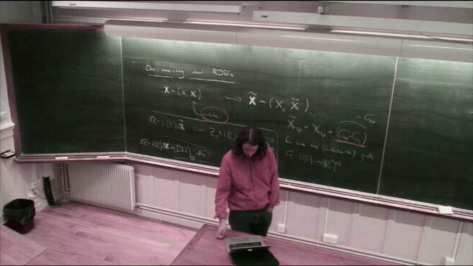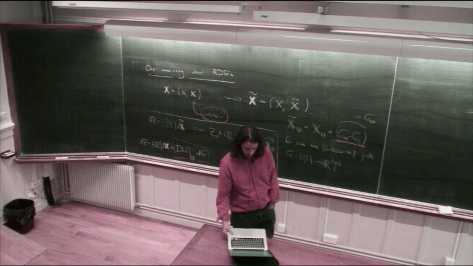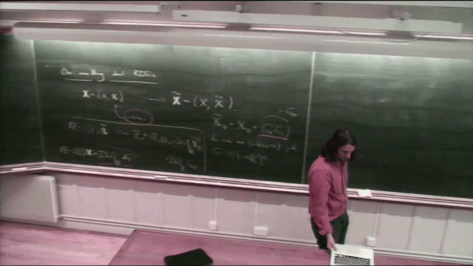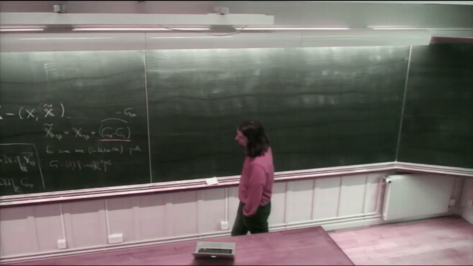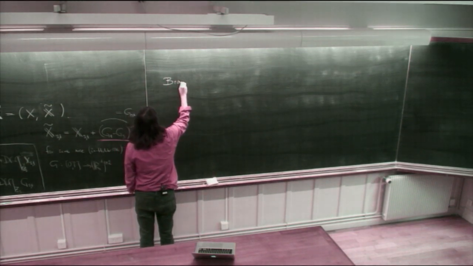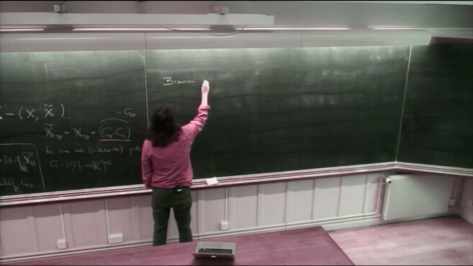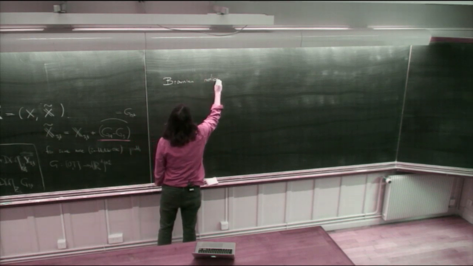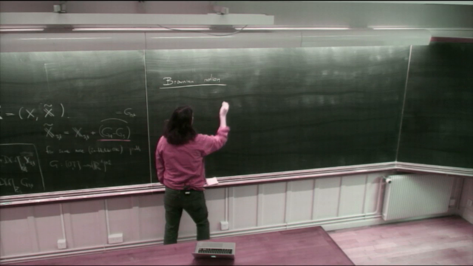And now I have 20 minutes or so left for stochastic processes, which of course is nowhere near sufficient, but I'll try. And the most important one is Brownian motion, as a rough path, of course.